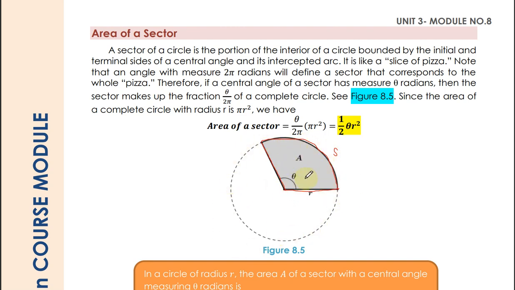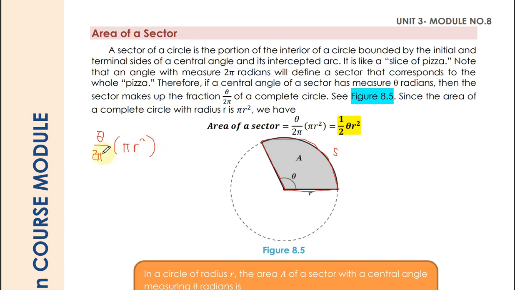So therefore, if the central angle of a sector has measure of theta radians, then the sector makes up the fraction of theta over 2 pi, which is the whole circle, multiplied by the area of the circle, which is pi r squared.